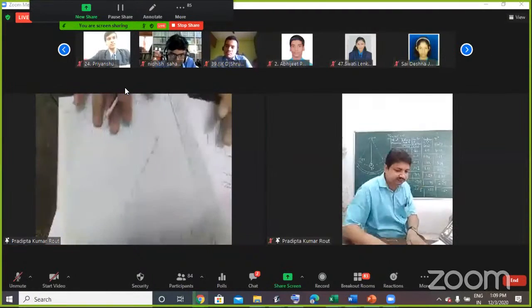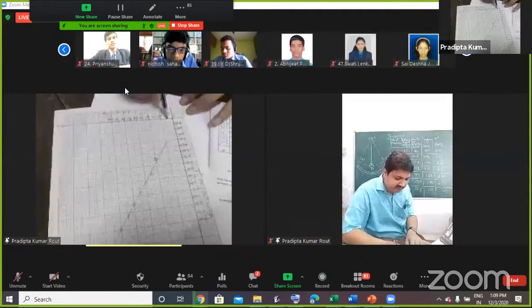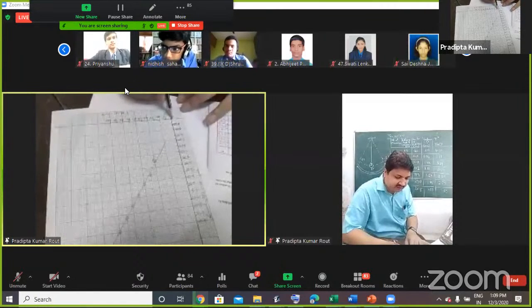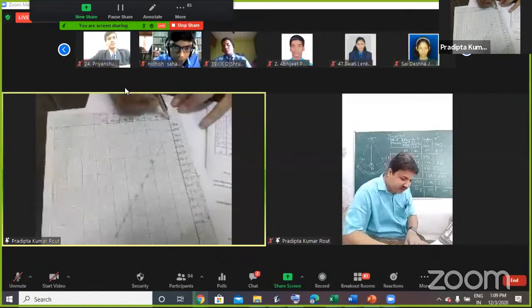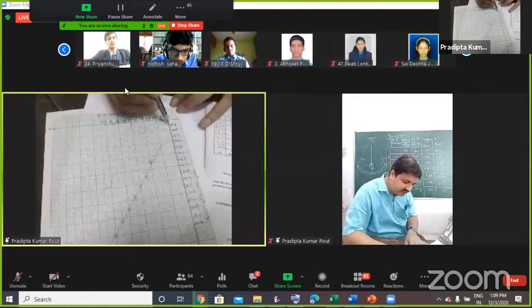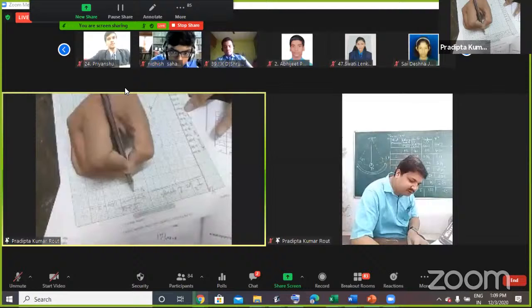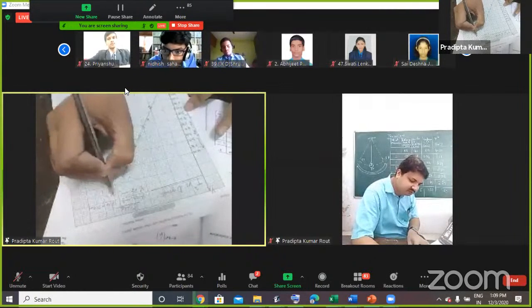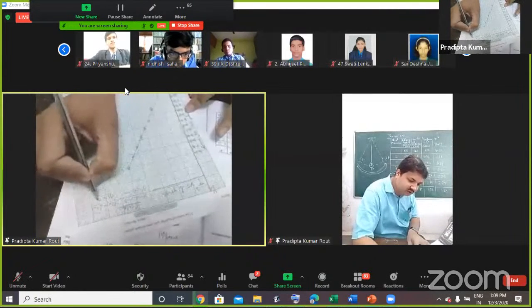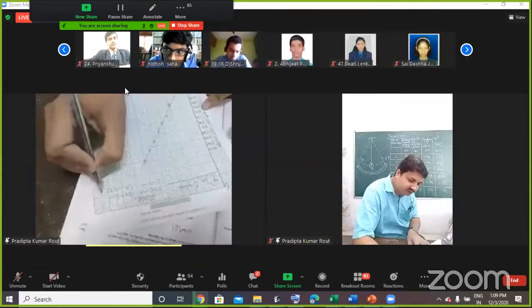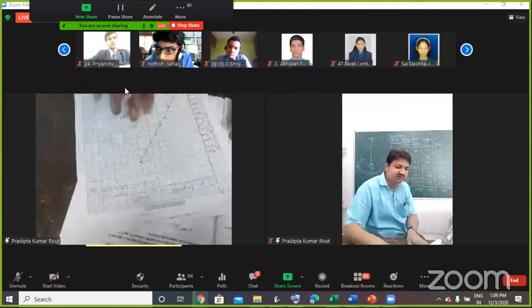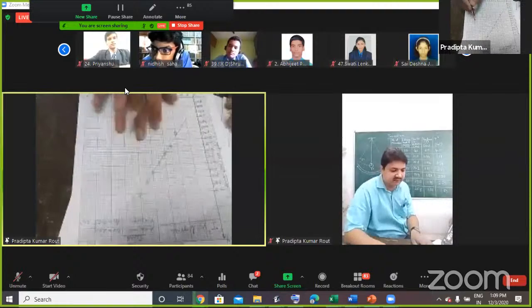Yes, sir. 5 divisions, I have taken 10 centimeter. So one division is 2 centimeter. Similarly, in y-axis, 5 divisions I have taken 0.25. So one division will be how much? 0.05 second square. Children, this is the scale I have taken. Now slope I will find out.